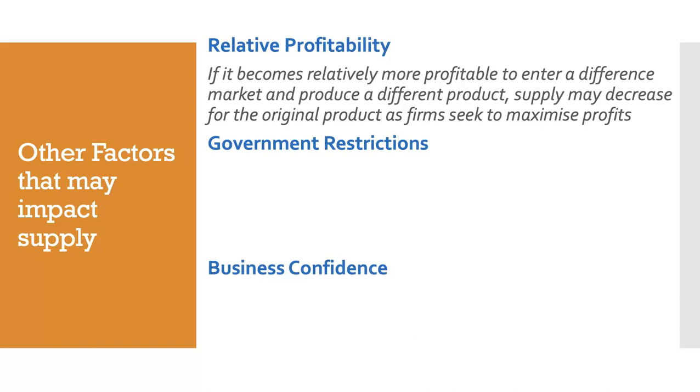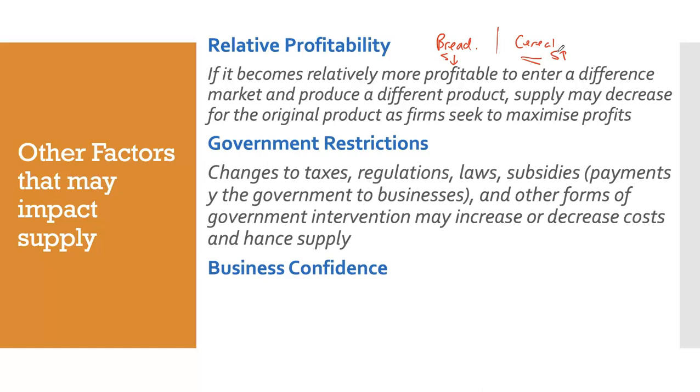But for example, if a business can make bread and also cereal, using that same example, and cereal becomes the more profitable one, supply of bread will go down and supply of cereal will go up. Because it is more profitable to make cereal and businesses want to make profit.